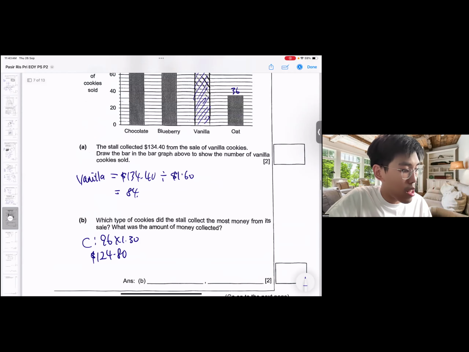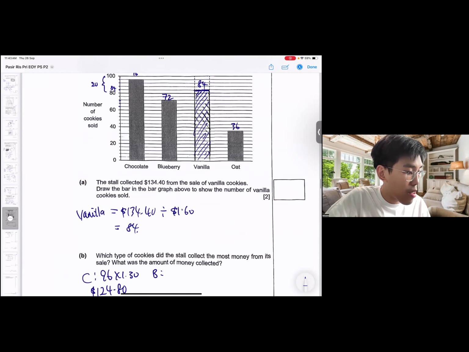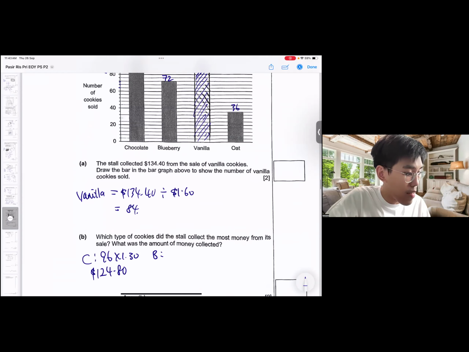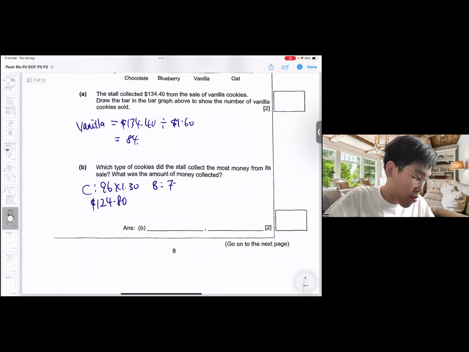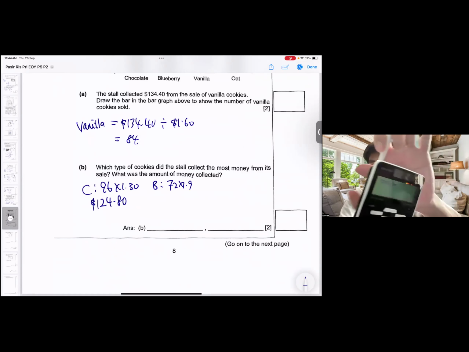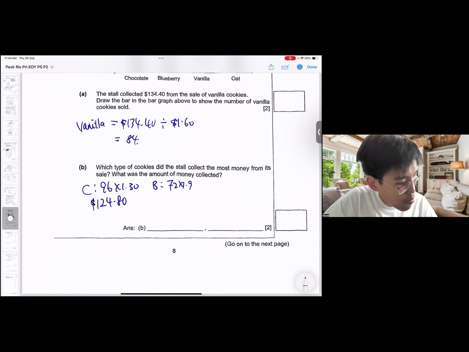So this is for chocolate. Then for blueberry is 72. 72 times 190. We get 136.8.